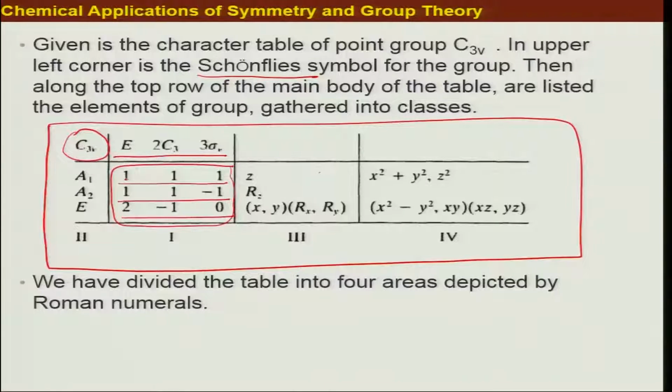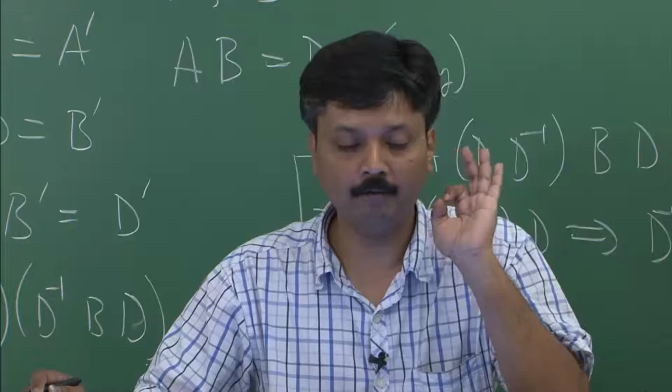We can see here that there are 3 rows, so that means we have 3 irreducible representations. Any character table deals with irreducible representations, it does not deal with reducible representations. That you must be very clear about.